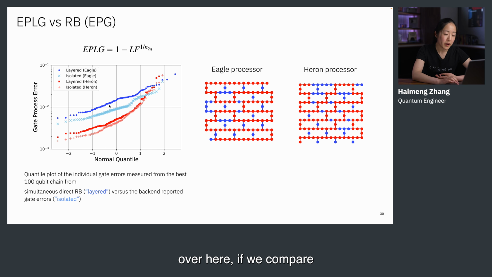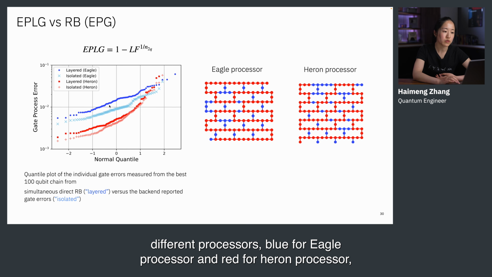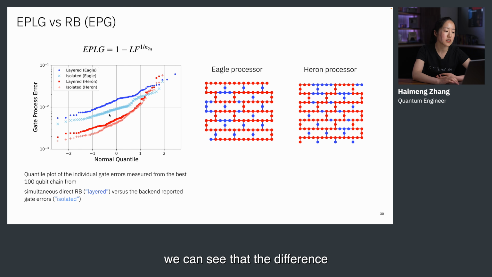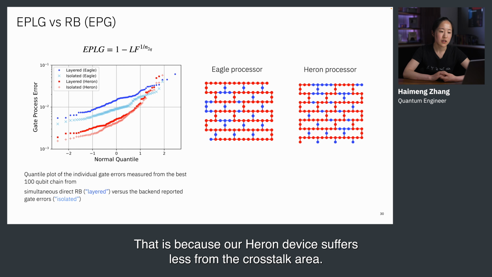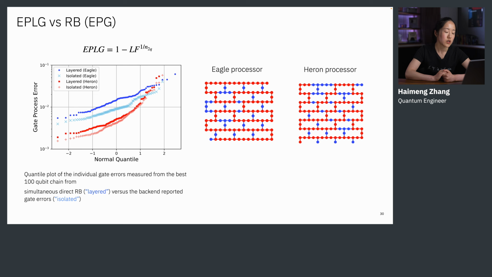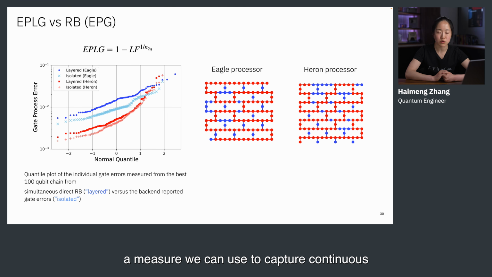If we compare different processors, blue for Eagle processor and red for Heron processor, we can see that the difference between layer fidelity experiments and standard RB experiments is smaller. That is because our Heron device suffers less from crosstalk error. So the EPLG metric is a measure we can use to capture continuous improvement of our hardware.